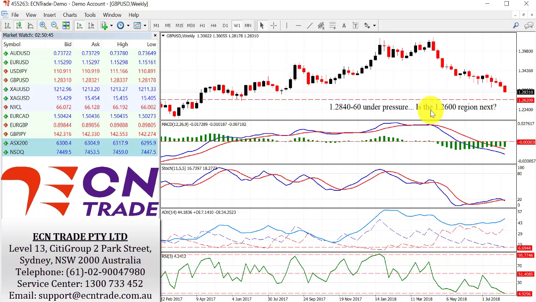Therefore, we could see a very hard landing. Bank of England Governor Mark Carney also warned that a no deal could put the UK in a highly uncomfortable situation. With the pattern on the weekly chart still falling, we could be looking at 126.